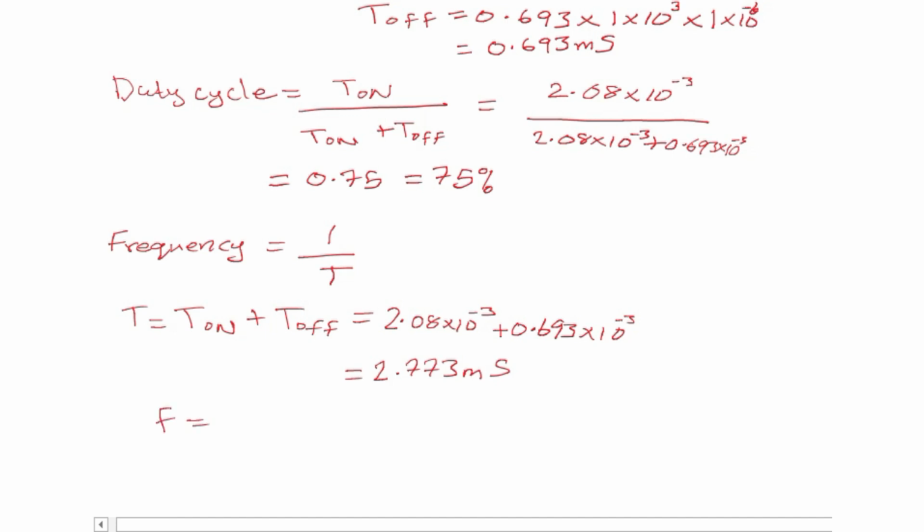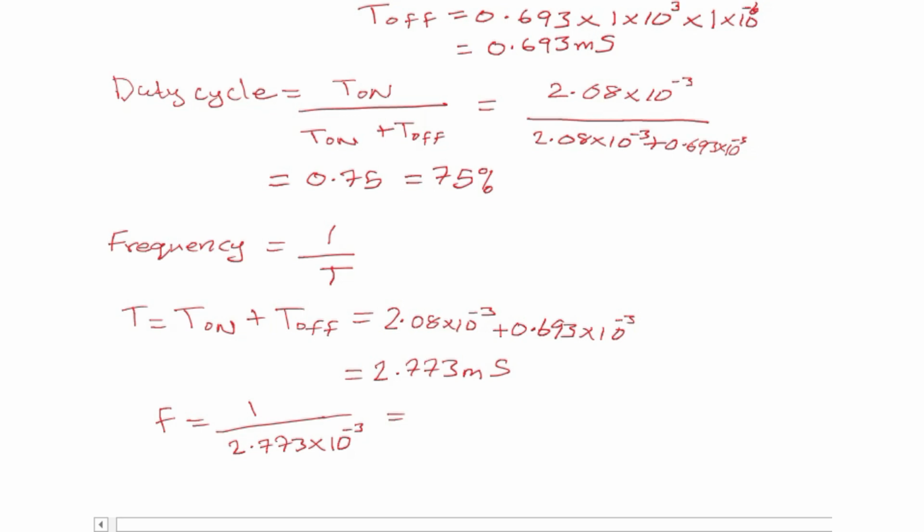We can now go ahead and calculate our frequency from here. So frequency is given as 1 over 2.773 times 10 to the power minus 3 because of the milli. Now, let's get our answer.